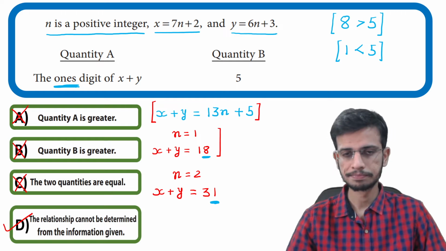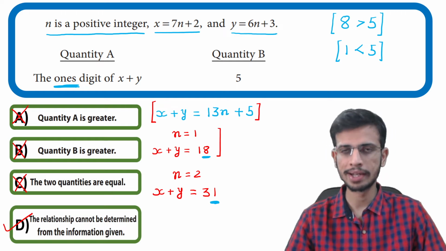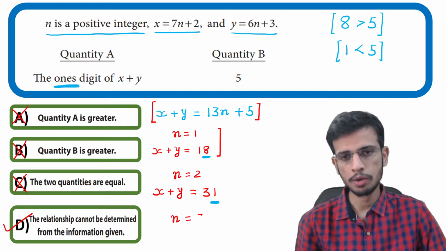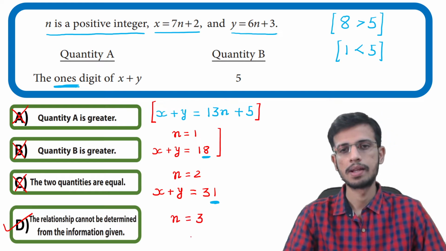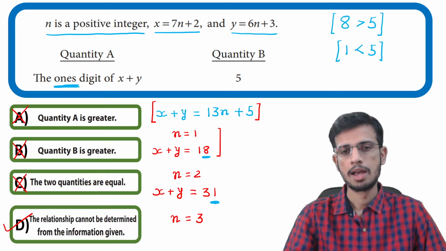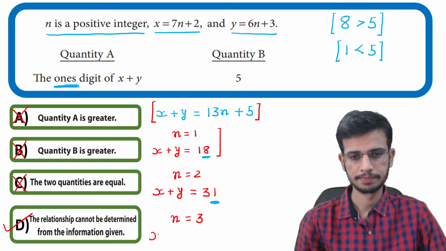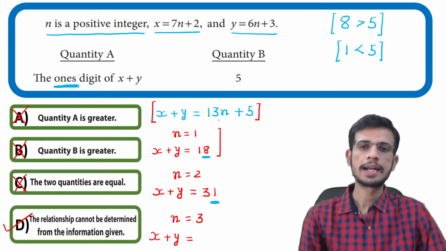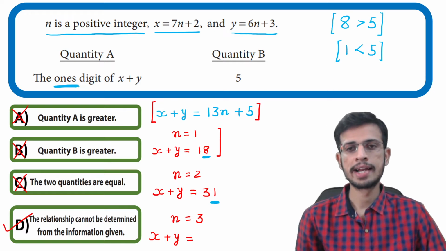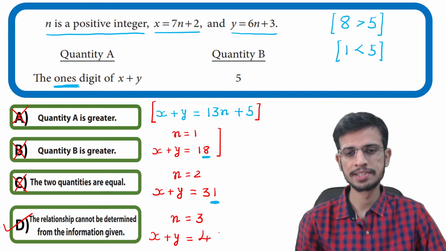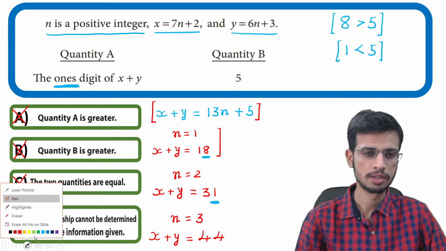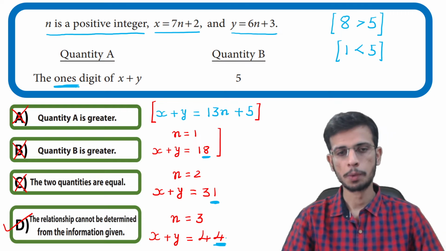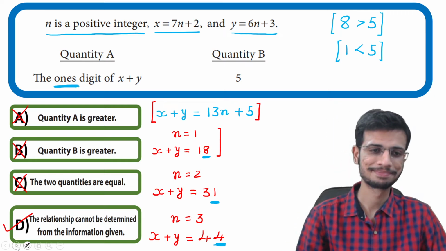You can put n equal to 3 and check. For n equal to 3, what is x plus y? You can get 44, units place is 4, and 4 is less than 5. So option D will be correct for this question.